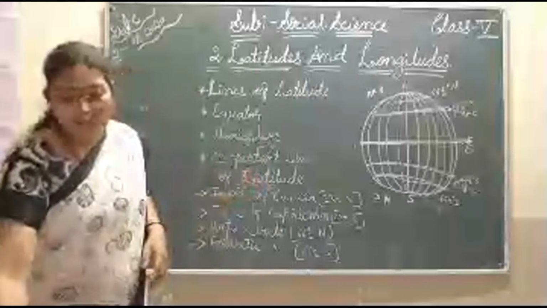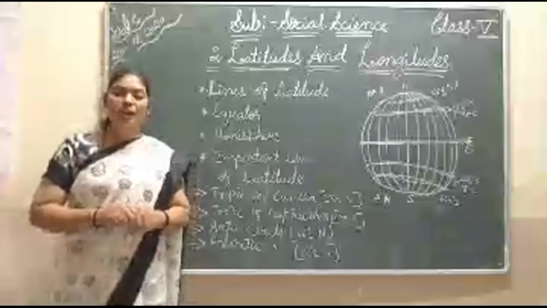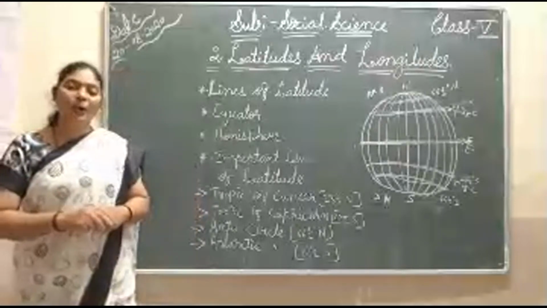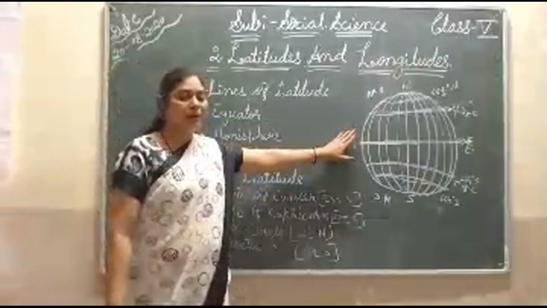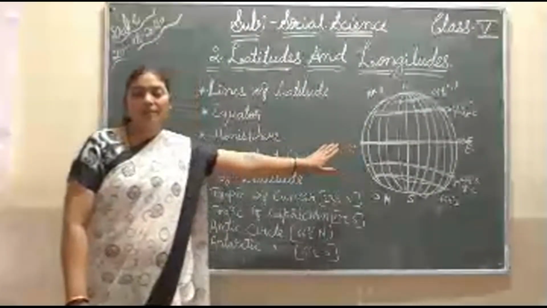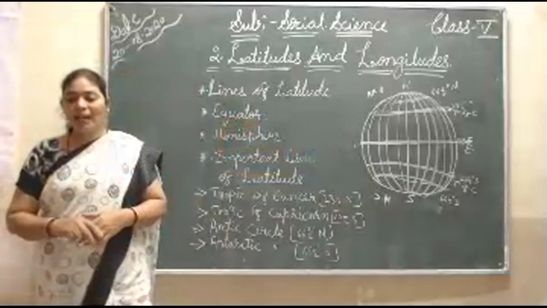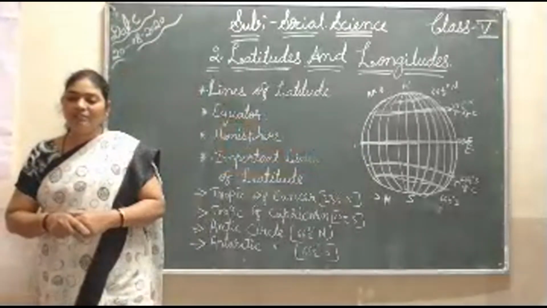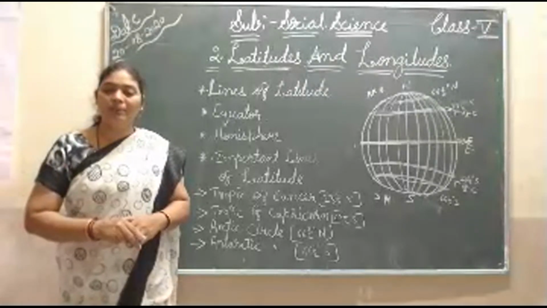Then again, the large masses of the earth are called continents. So on the globe or world map, large mass of land is called the continents, and about 70% of the earth's surface is covered by water. Maybe you know this.